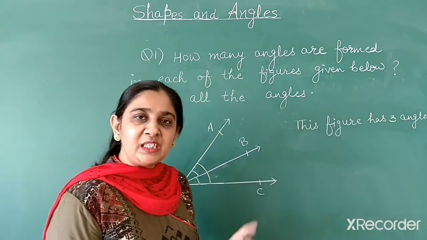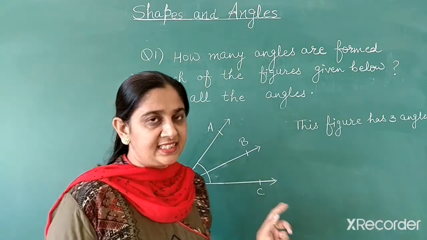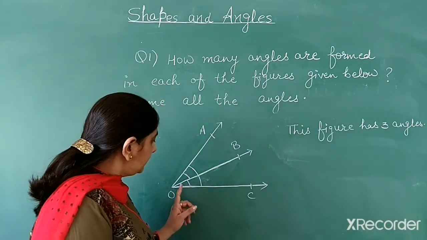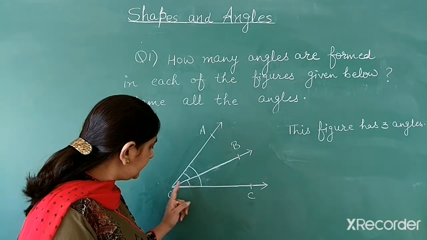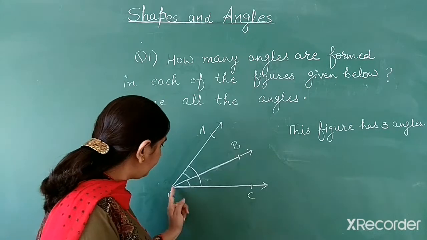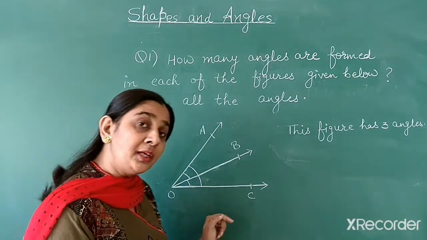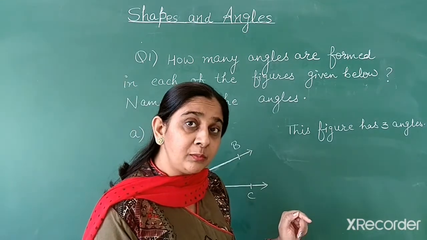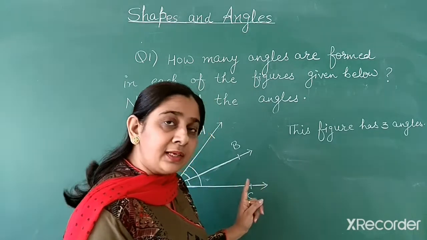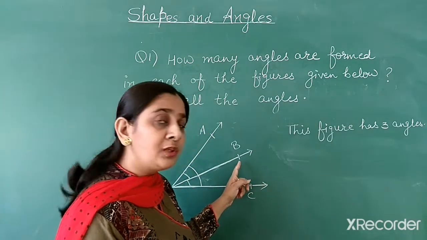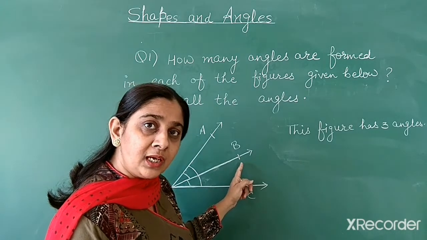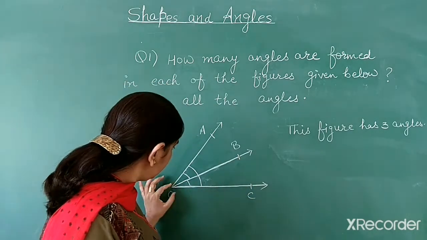Now, we will write the name of all those three angles. Now, children, we will write the name of this angle. First of all, look at this angle. This angle is made by the ray OB and ray OC. And you also know how to write the name of the angle. While writing the name of any angle, we start from any one of the points on one of the arms. So, I am starting on these two arms.